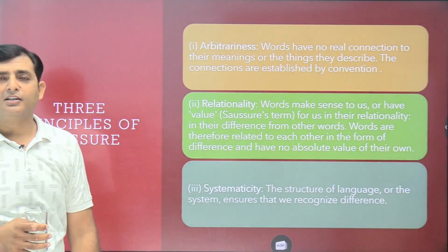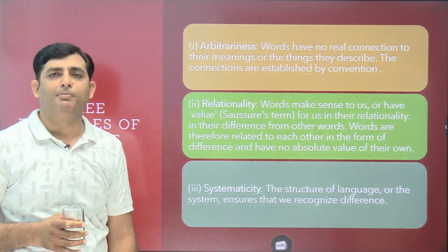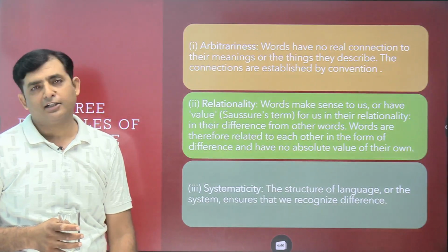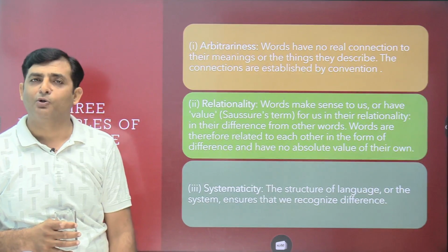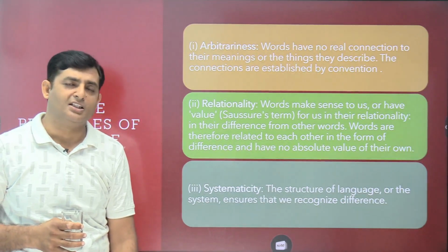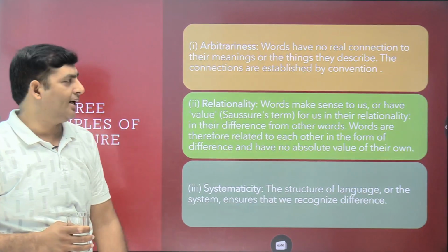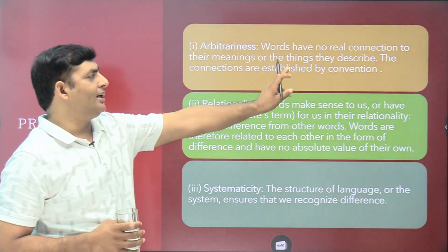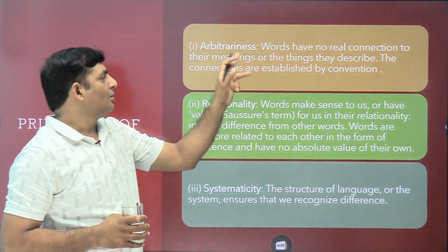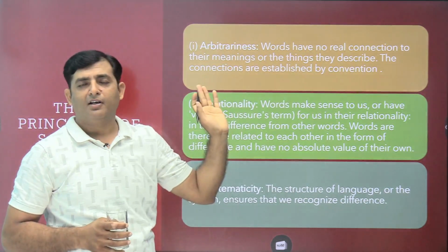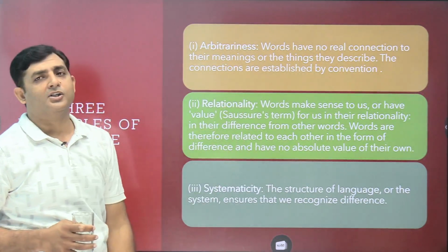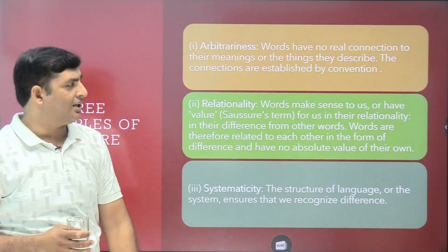Arbitrariness means there is no direct relationship between signifier and signified, between the word spoken and the concept denoted. Words have no real connection to the meaning or the things they describe.